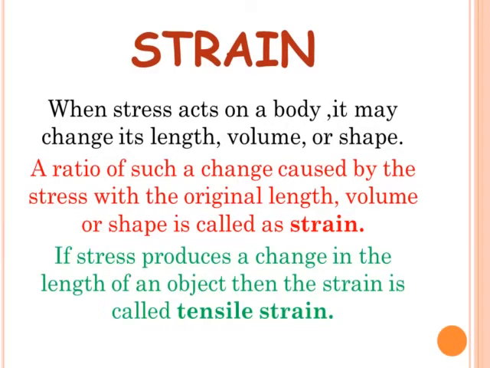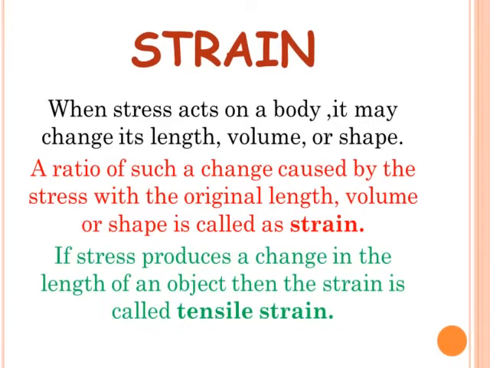Strain. When stress acts on a body, it may change its length, volume or shape. A ratio of such a change caused by the stress with the original length, volume or shape is called strain. So basically the strain is a ratio between a change caused by the stress with the original shape, length or volume. If the stress produces a change in the length of an object, then the strain is called tensile strain.